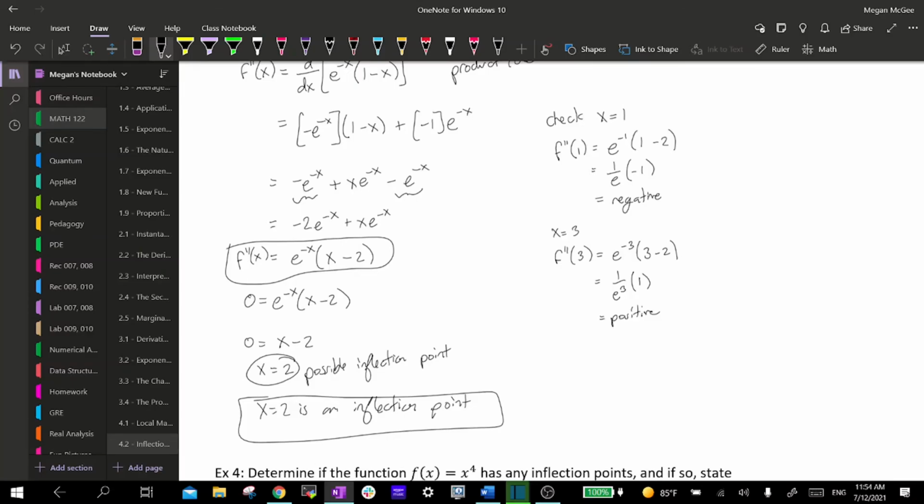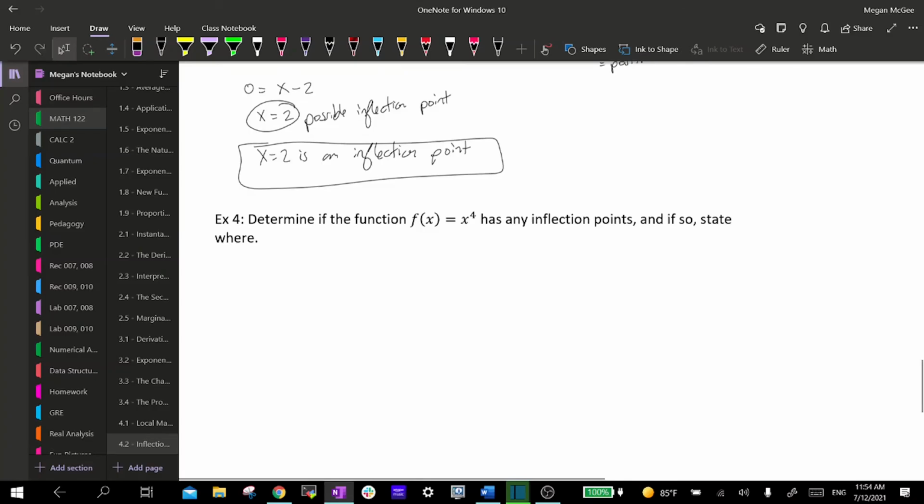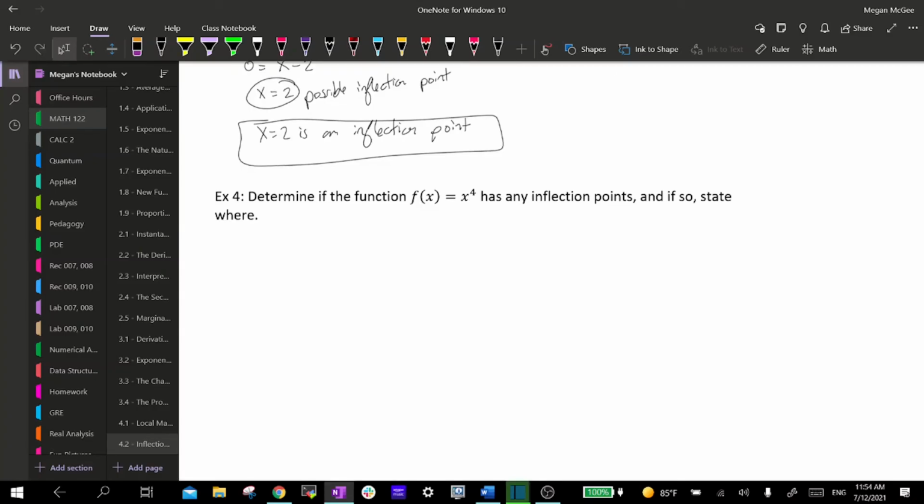And our last example for today, we need to determine if the function f of x is equal to x to the fourth has any inflection points, and if so, state where. So, inflection points call for a second derivative. So we have f prime of x is going to be 4x cubed, and f double prime of x is going to be 12x squared.